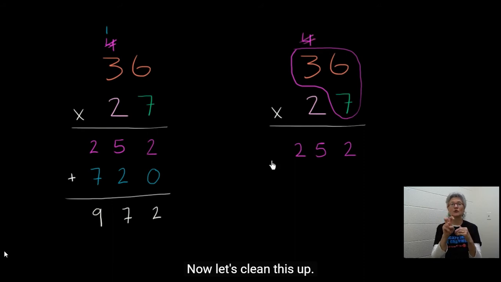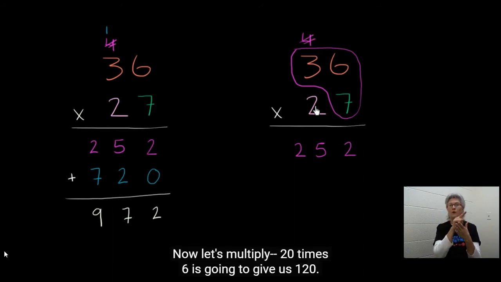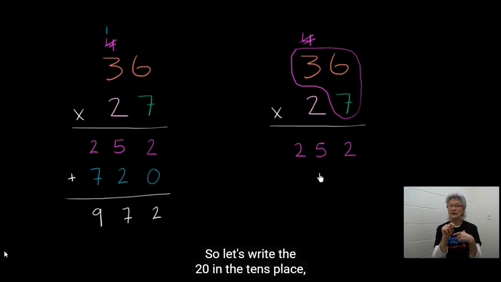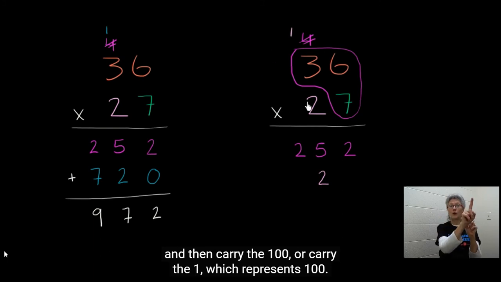Now let's clean this up. Now let's multiply 20. 20 times 6 is going to give us 120. So let's write the 20 in the tens place, and then carry the 100, or carry the 1, which represents 100.